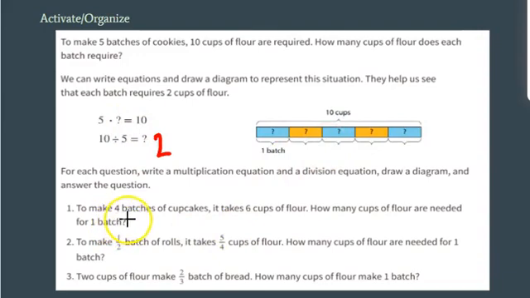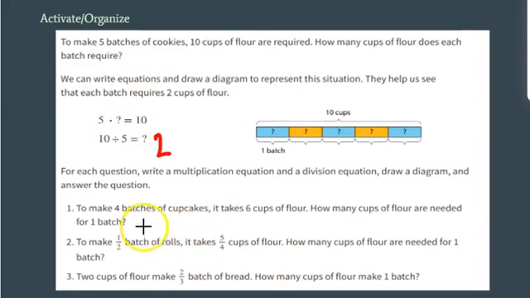To make 4 batches of cupcakes, it takes 6 cups of flour. How many cups of flour are needed for one batch? So what would be the multiplication here, right? Well, think back here. 5 batches times something gave us 10.